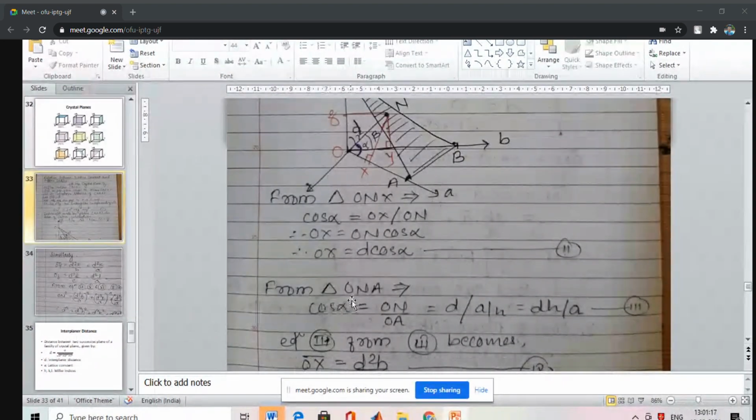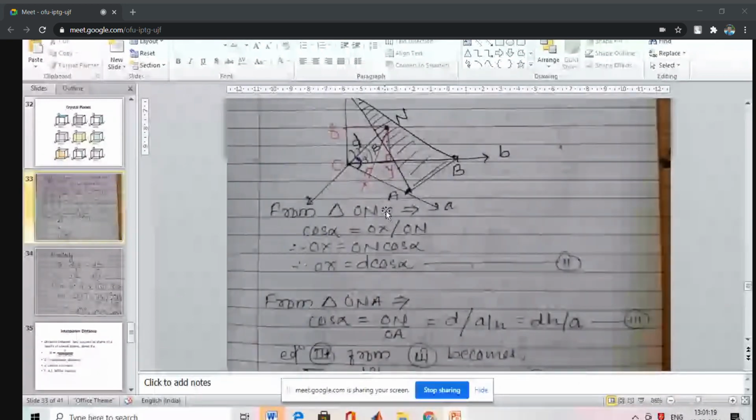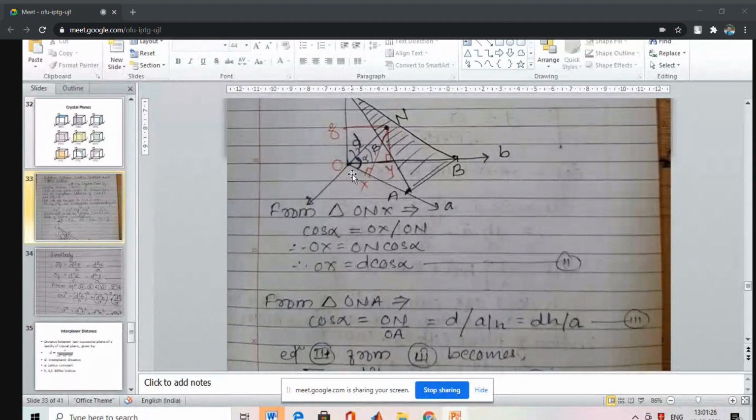Now see, next one. From triangle ONA. See, where is ONA? This ONA, in the triangle ONA, this will also be a right angle triangle. Why? Because N is the point on this plane, O is the origin, and A is the intersection of axis A and this plane ABC.